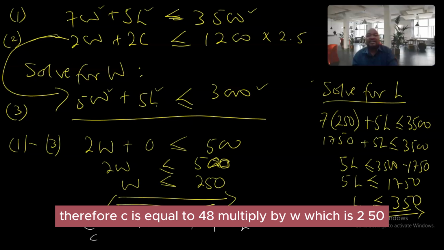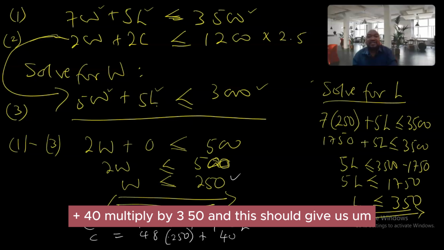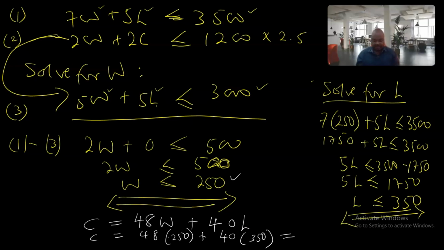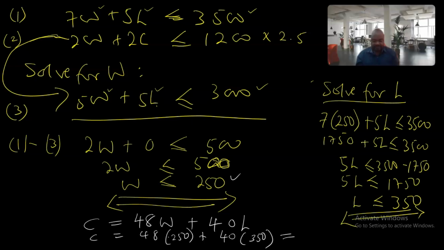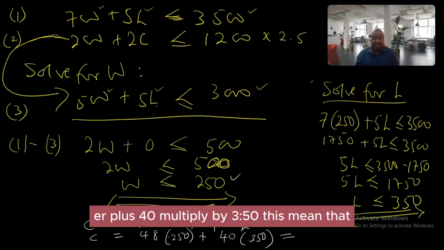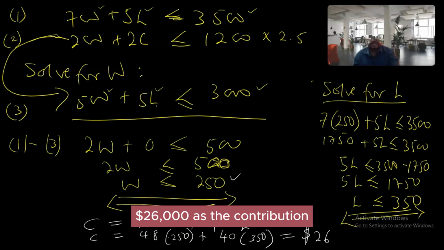Therefore C is equal to 48 multiplied by W, which is 250, plus 40 multiplied by 350, and this gives us $26,000 as the contribution.